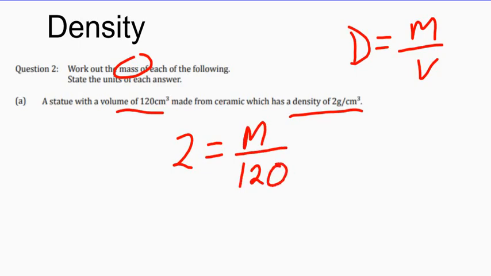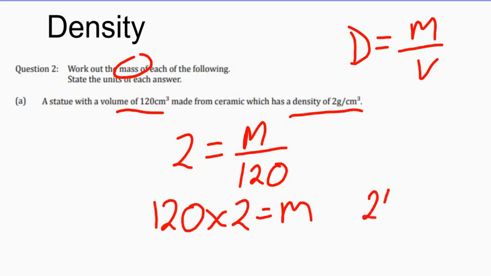So this time I just multiply both sides by 120. The mass will equal these two multiplied together, which equals 240. And we're talking about grams, so let's pop it in there, grams.